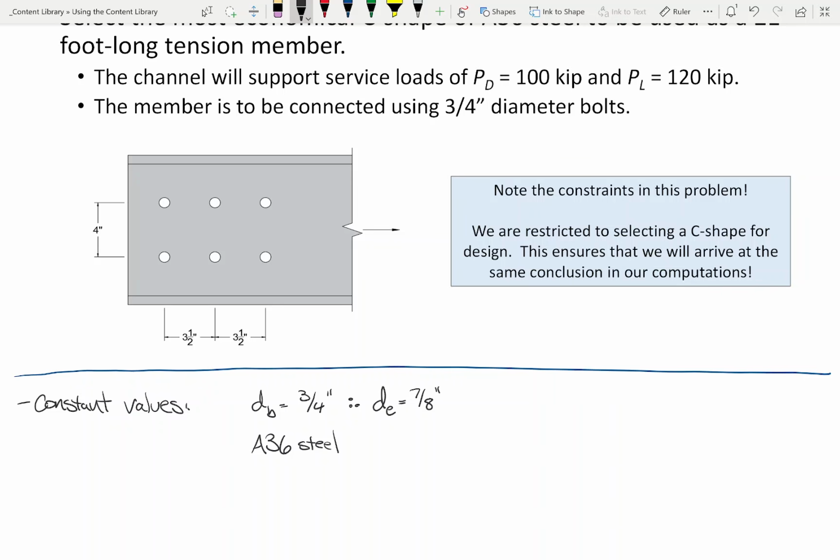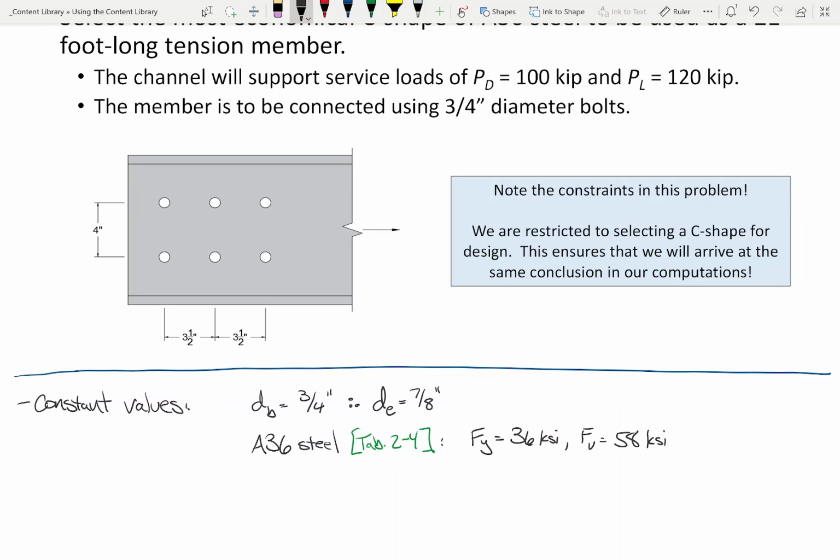What about the fact that we're dealing with A36 steel, which, by the way, is one of the most common material grades for channels? What does that tell us? Fy is 36 ksi. And where did you get that? Table 2-4. And Fu is 58 ksi.